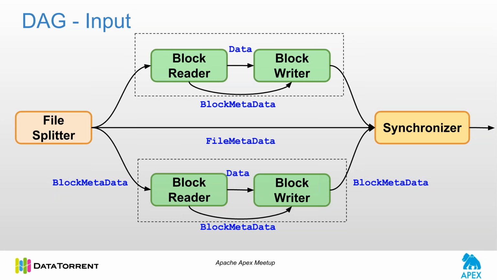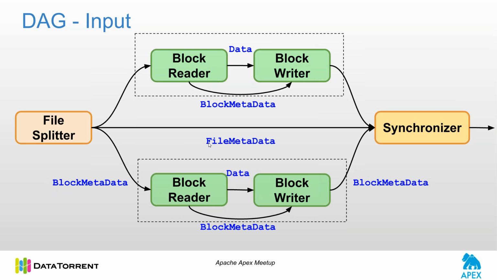The block writer will write it and tell the synchronizer that yes, I'm done with this block. Now in the center there is a file metadata connection between the file splitter and the synchronizer.